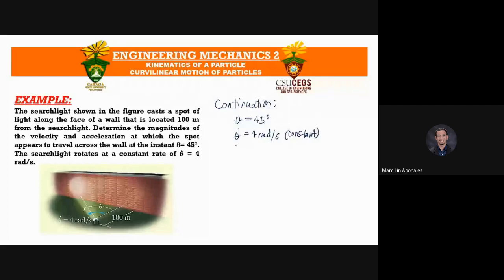And to determine the derivative of your angular velocity with respect to time, which is theta double dot, theta double dot means the angular acceleration. So theta dot is the angular velocity, and theta double dot is your angular acceleration.